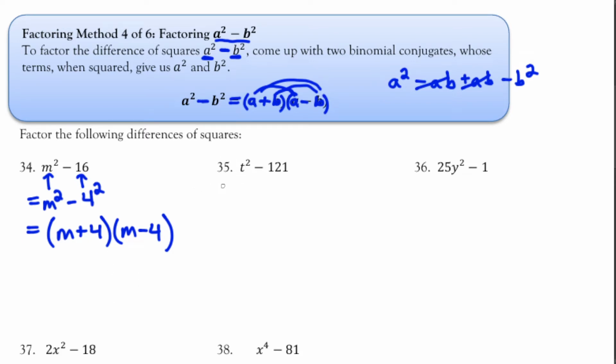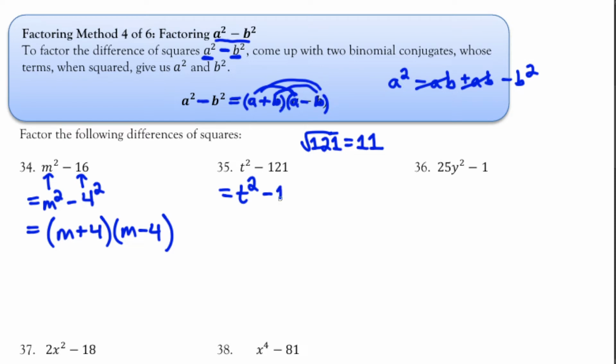In number 35, well, this is t squared. And 121 is also a perfect square. If you don't see that it's a perfect square immediately, this trick makes it so fast to factor that it's probably worth it to check on a calculator or just in your head. It turns out that if you take the square root of 121, you get 11.